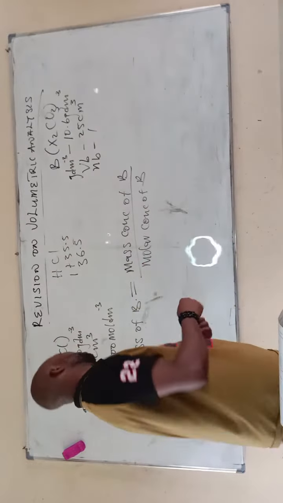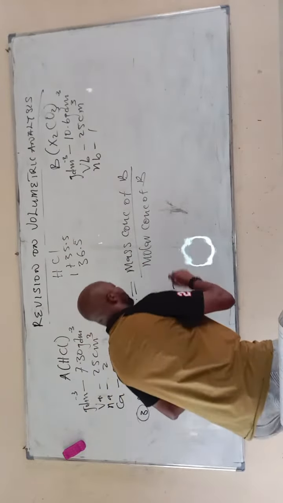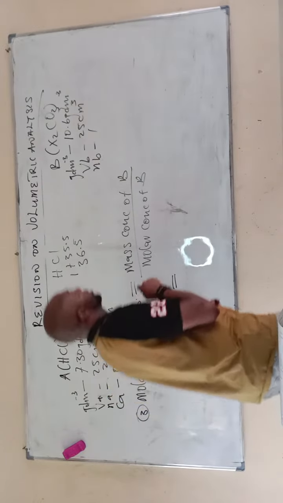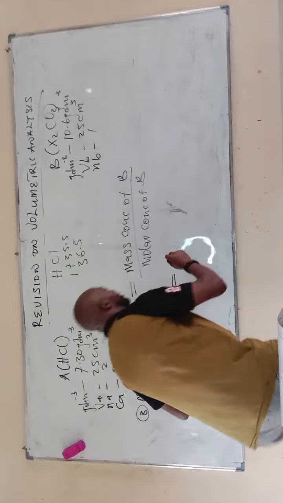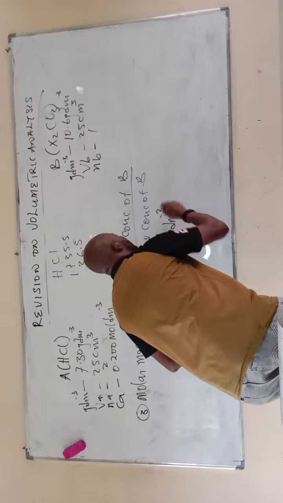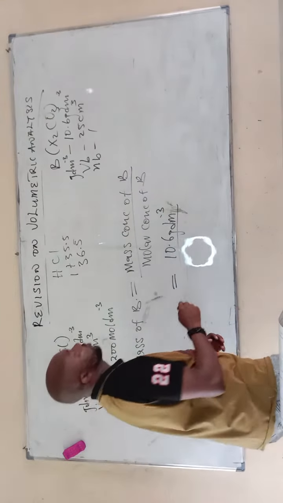Now, what is the mass concentration of B? The mass concentration of B is given to be 10.6 g/dm3.